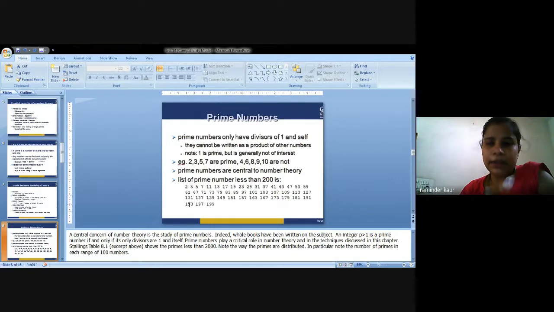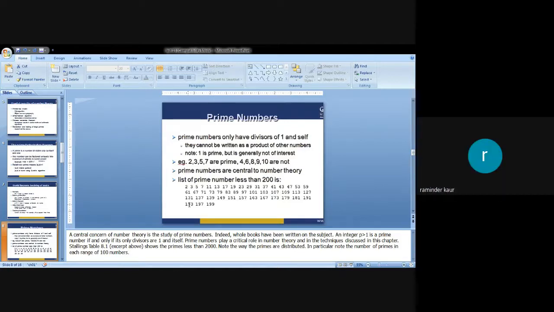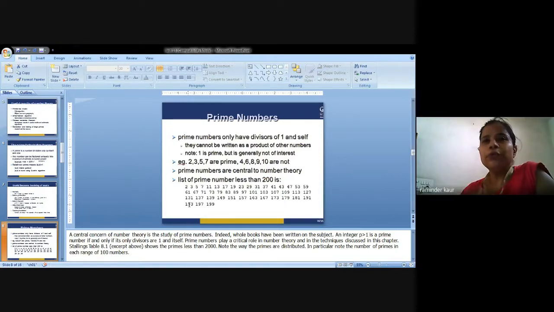You can also define the range till 2000, till 5000. But the more numbers you add to your list, the more difficult it will be for you to do the calculation on behalf of that number.